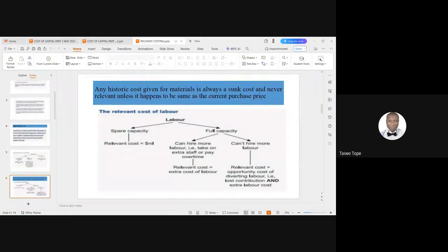That contribution plus the actual amount you're supposed to pay them will be the relevant cost in that scenario. So this is one of the issues I discovered.